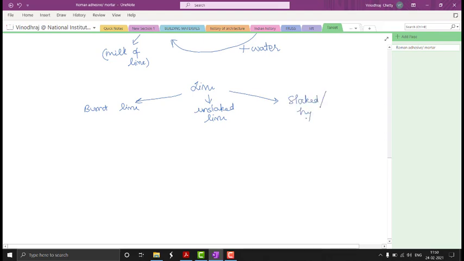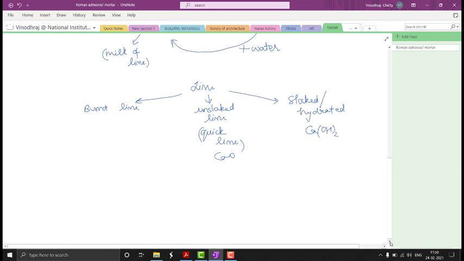Slaked lime is also known as hydrated because it is formed by the addition of water. Unslaked lime is also known as quick lime, which is calcium oxide, and the hydrated lime is calcium hydroxide.